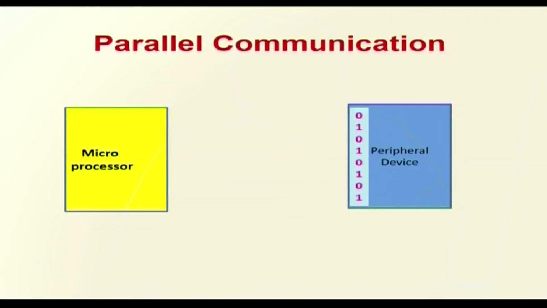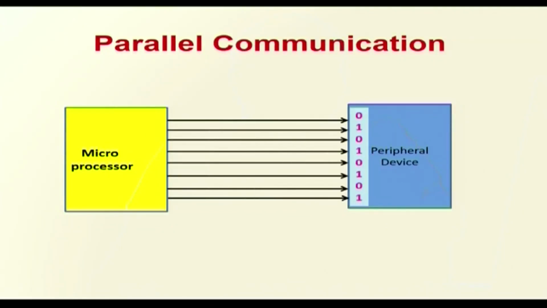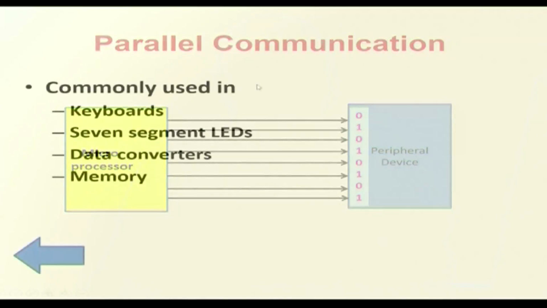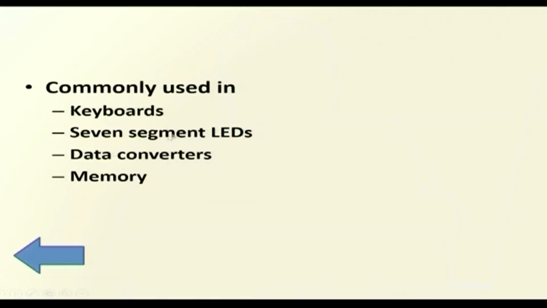This is parallel communication. Whatever the 8 bits available in the microprocessor are simply transferred to the peripheral device. The same is also possible for read operation from peripheral to microprocessor. Most commonly parallel communication is used in keyboards, 7 segment LEDs, data converters and memory.